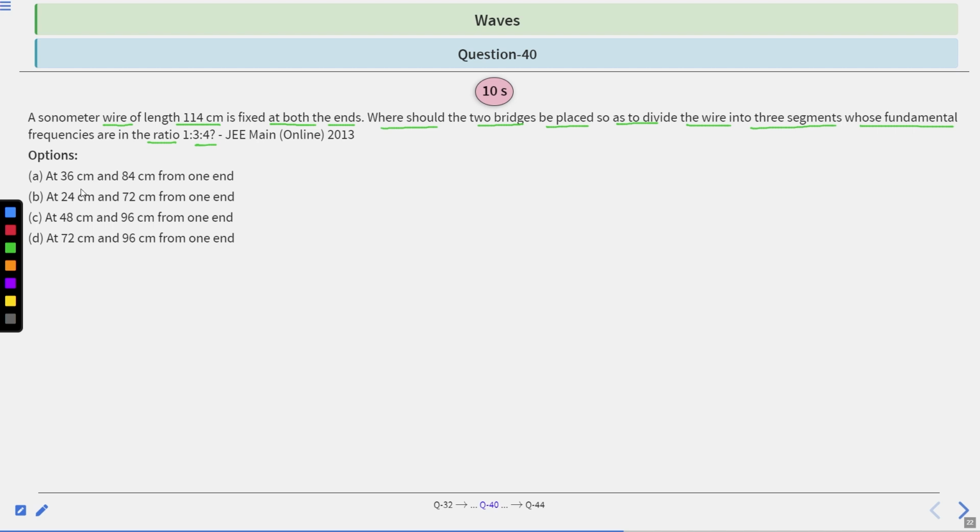Option A is at 36 cm and 84 cm from one end. Option B at 24 cm and 72 cm from one end. Option C at 48 cm and 96 cm from one end. And option D at 72 cm and 96 cm from one end. So which option is correct? You have 10 seconds to solve this question. After 10 seconds, we will provide the solution.